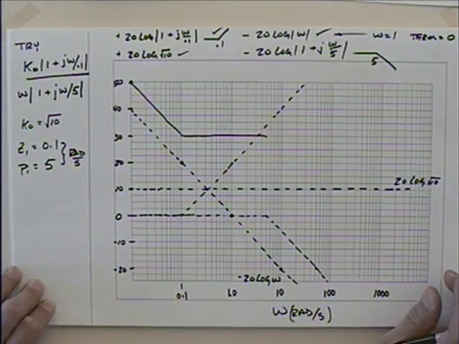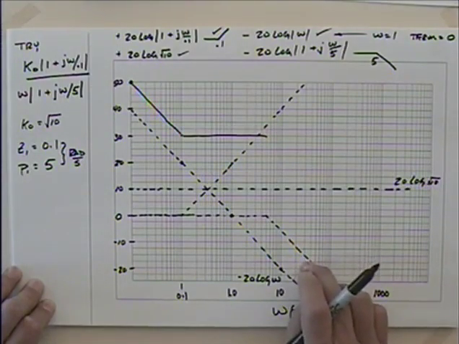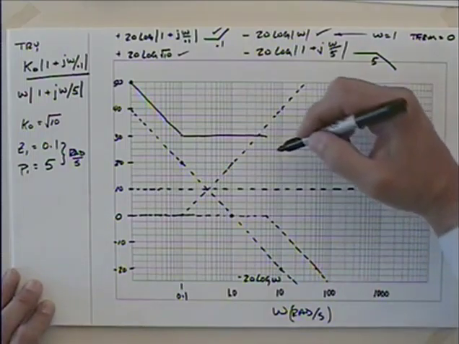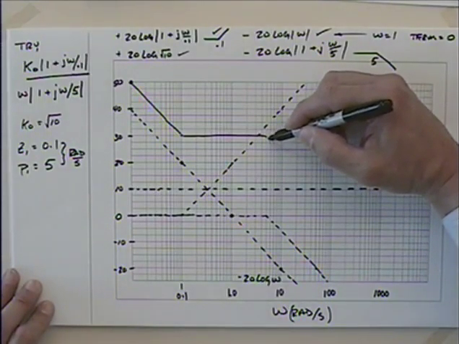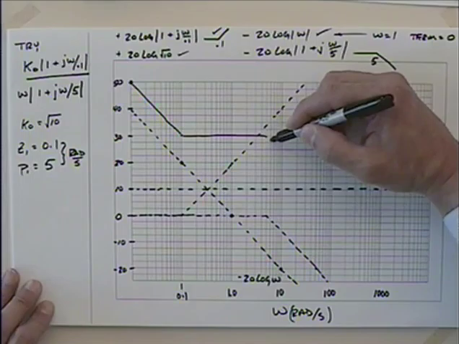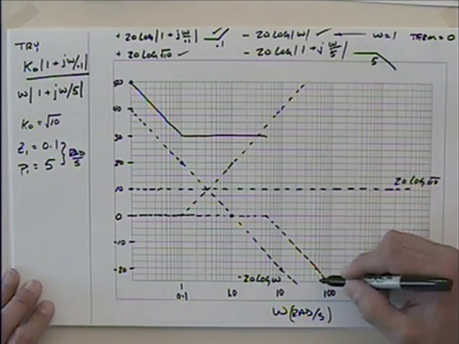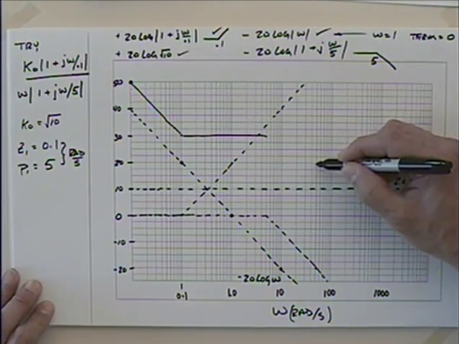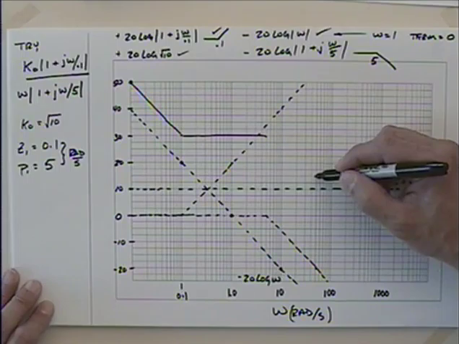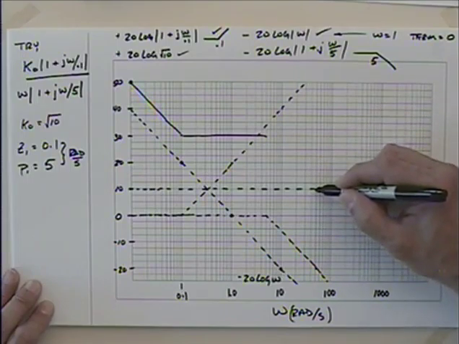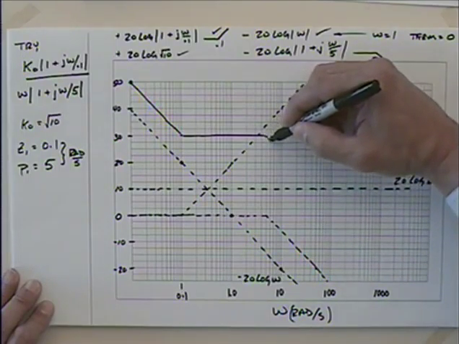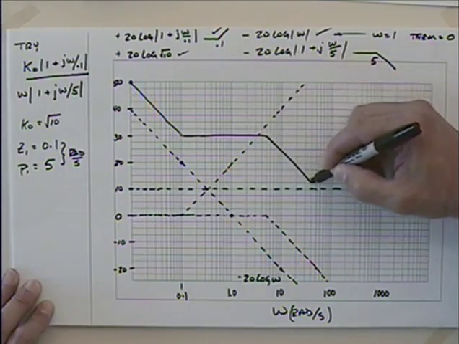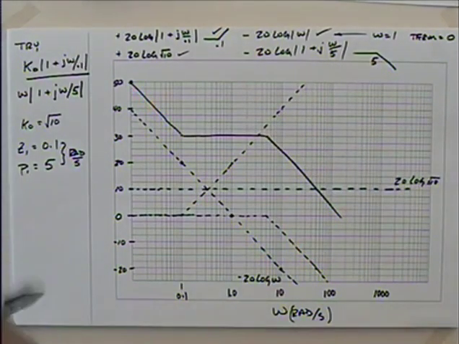And then what happens? I got another one going down, so that's going to cause me to turn down at 20 decibels per decade. So I go from 5 to 50, 30, so I should be at 10 at 50, right? Yeah. There we go. So we just put those all together.